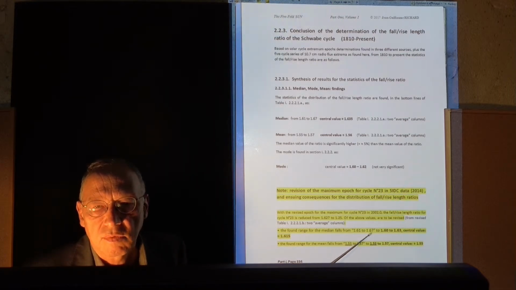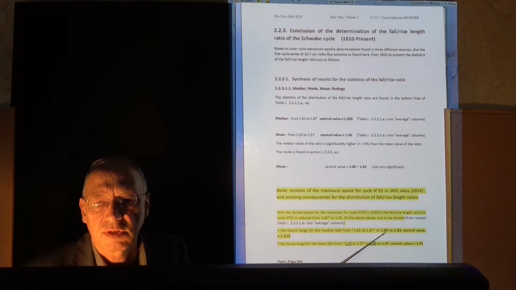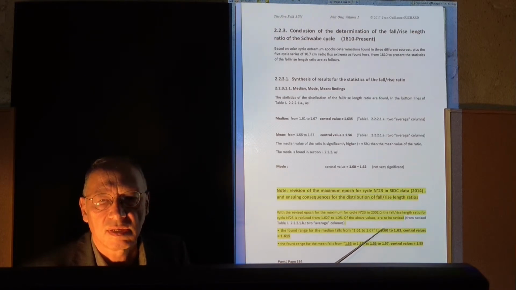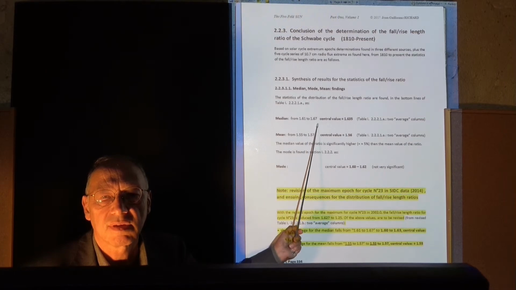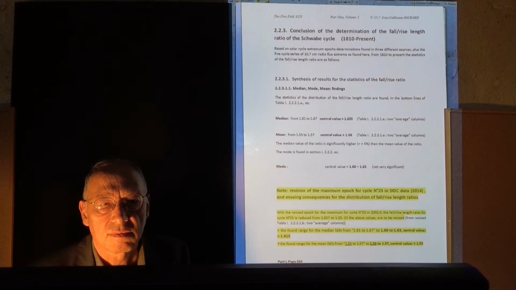And we can see that it is now a narrower range, which should be perhaps retained as the end result, from 1.60 to 1.63 instead of from 1.61 to 1.67 for the median value, which is our preferred robust statistic for a central value.